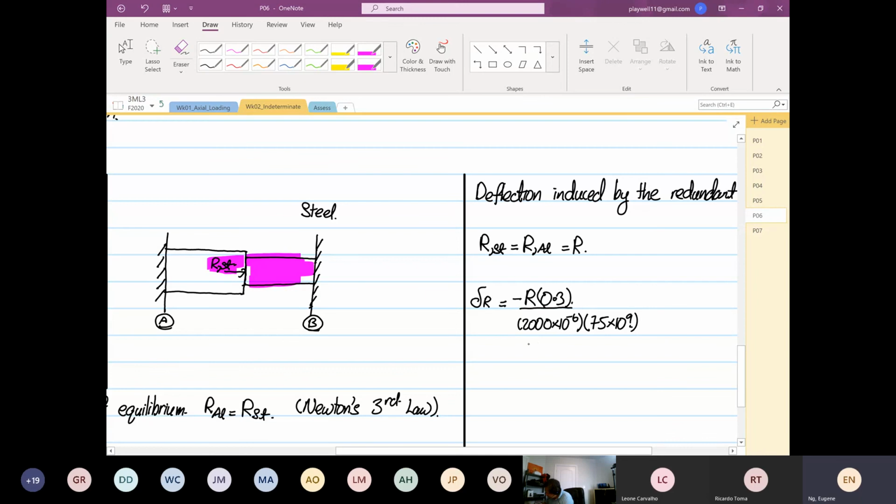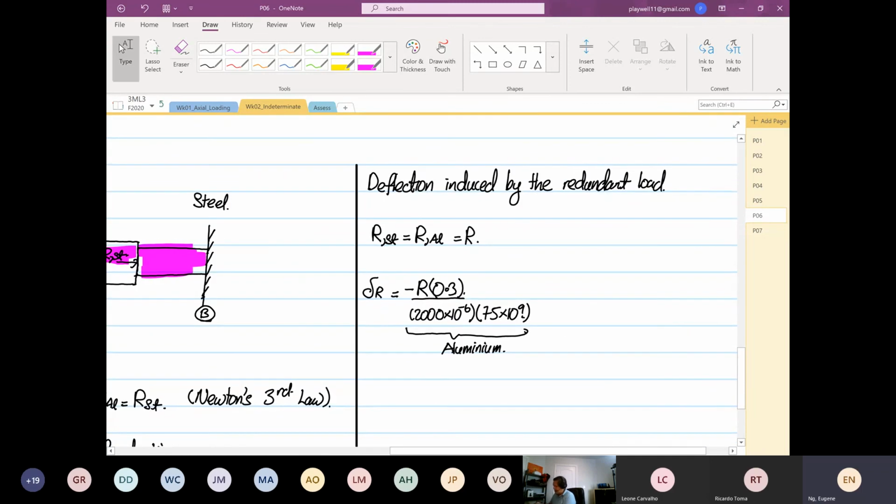Okay, so this is for aluminum. Why minus? Because it's going to induce compression. The formula that we are going to use, I'll just write down here, is delta equal to RL over AE, then plus again minus R.